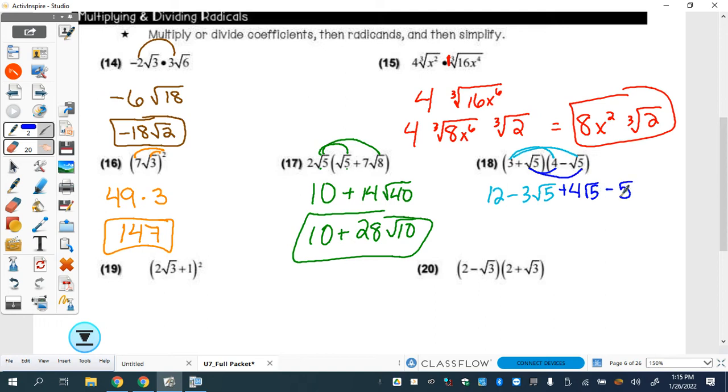Square root of 5 times negative square root of 5 would be negative 5, because again, radical 5 times itself is just going to be 5. So 12 minus the 5 gives me 7. Negative 3 radical 5 plus 4 radical 5 gives me radical 5. Again, radical is always written last.